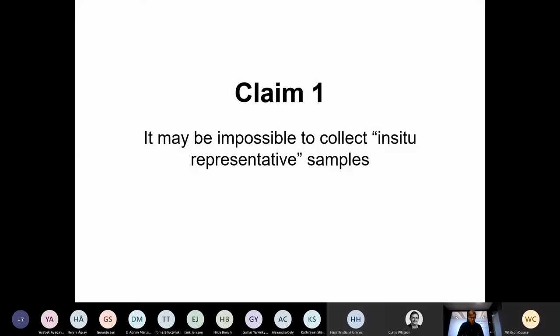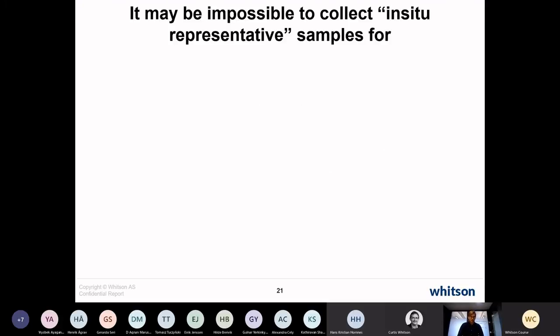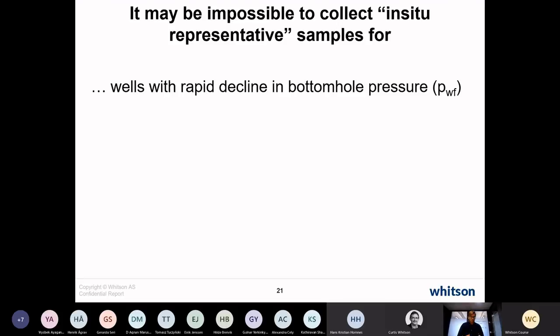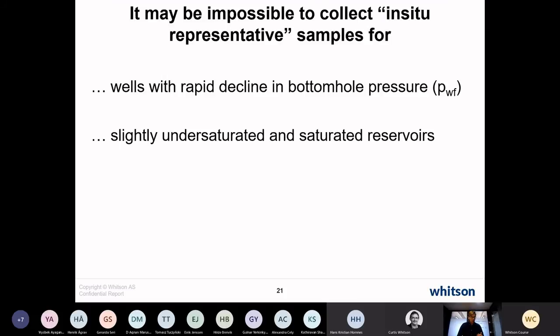So the first claim, it may be impossible to collect in situ representative fluid samples, and that's true in the cases where you, for instance, are producing with very high drawdowns or very rapidly declining bottomhole pressures, which is the case in low permeability reservoirs, for instance. Or the cases where you're producing from something that's initially slightly undersaturated or actually saturated in situ.